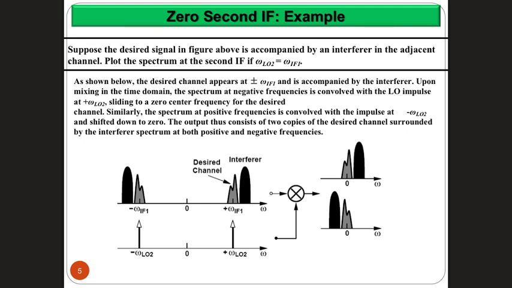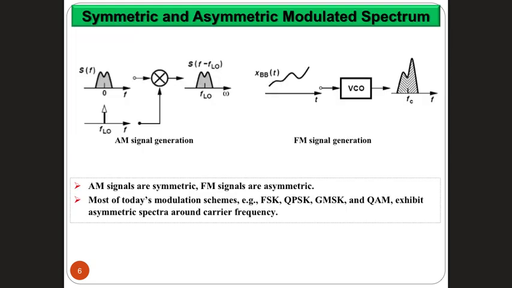It doesn't have much calculation, but it shows you that with 0 IF, we can only have the self-image problem, but any nearby interferers will not really be imaged into your band of interest. The band of interest is what you are receiving here. So that's just something simple. I'll leave it to you. It's very descriptive.